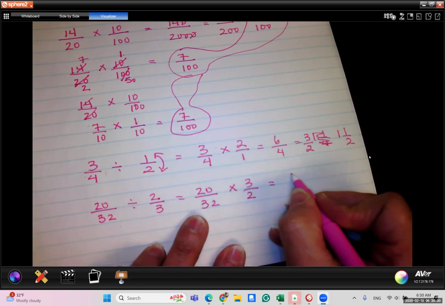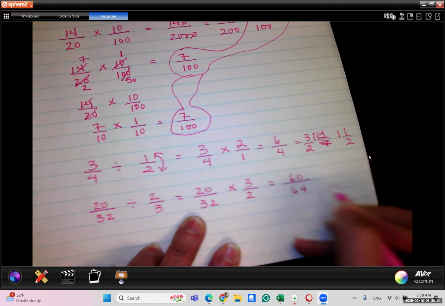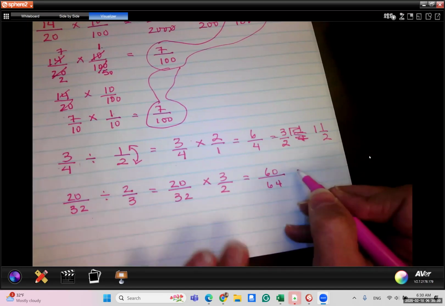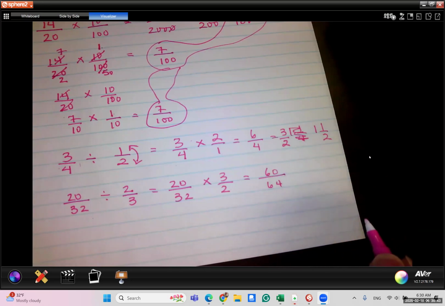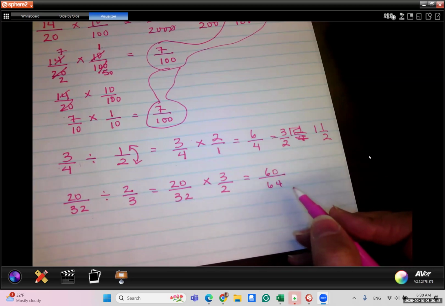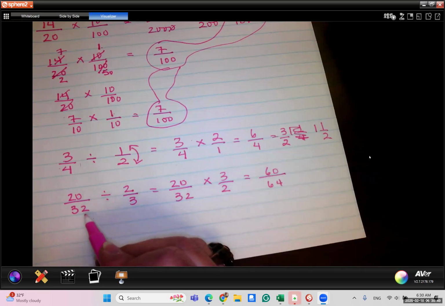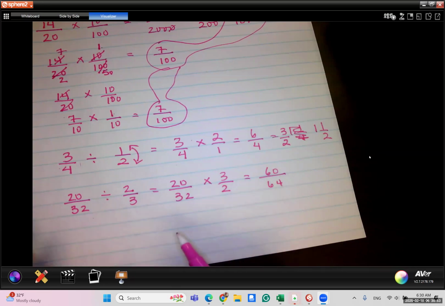So 3 times 20 is 60, and 2 times 32 is 64. Then we can simplify both of them by 2 if you want, by 3, depending on what it is. I'm not going to go ahead and simplify it, because that's not the point of this video. But that's what 20 over 32 divided by 2/3 ends up being. That's it before simplification.